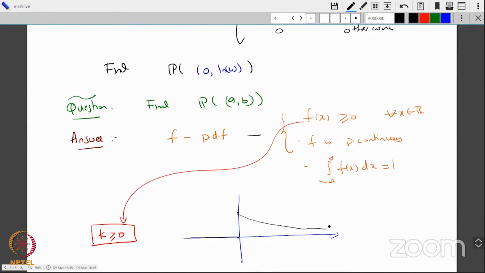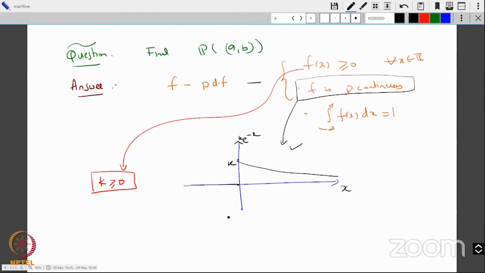This is k times e to the minus x. That's what the graph looks like. This piecewise continuity will be verified. It doesn't depend on k, as long as k is non-negative.